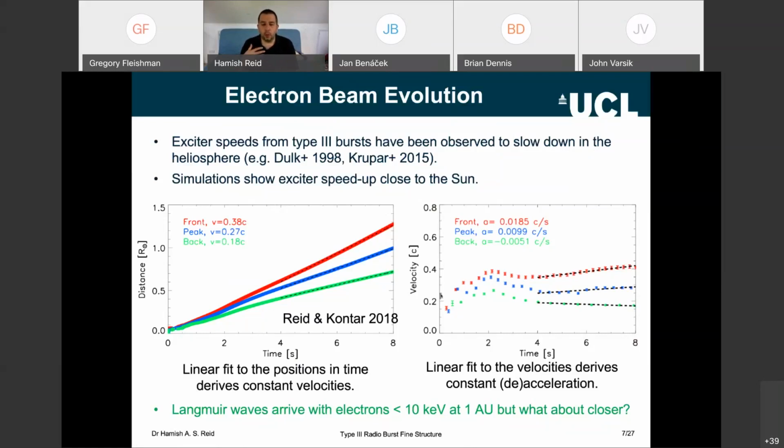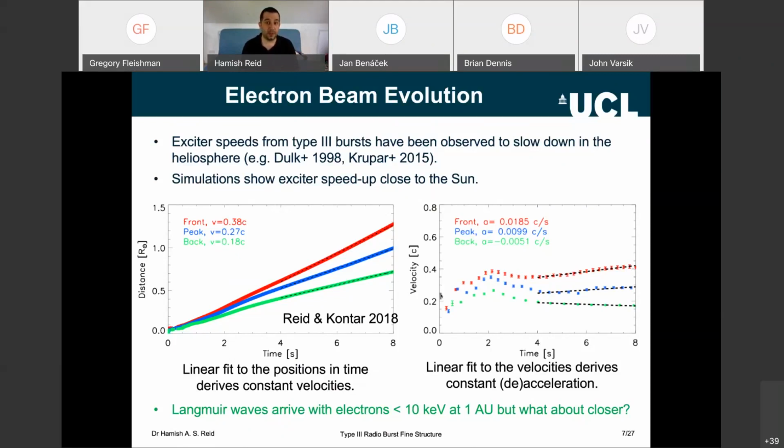And so, is this the case? Do we actually see this? Can we find and track this decrease in the velocity of the electron beams with respect to the type 3 burst? It's largely based on the fact that the electrons are interacting with Langmuir waves at certain velocities. We observe Langmuir waves with electrons around 10 keV or less at about 1 AU.